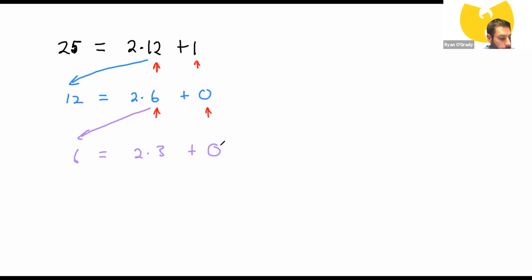All right, so once again, the algorithm is to take that quotient and play the game again. Now it's 3. How many times does 2 go into 3?